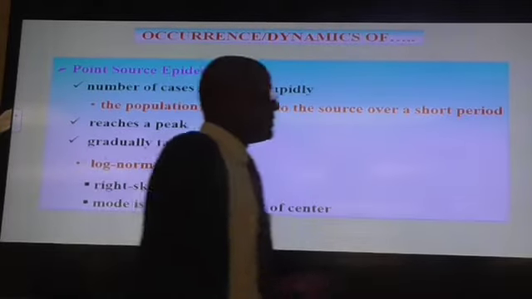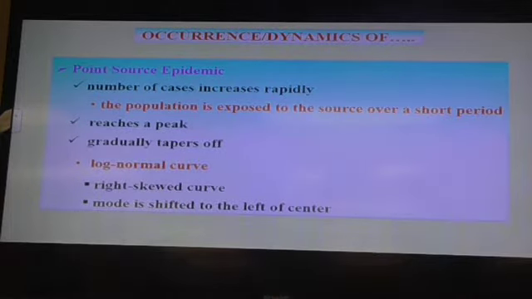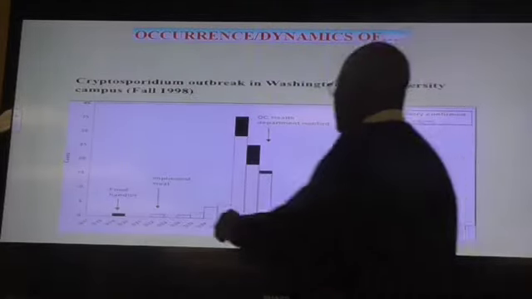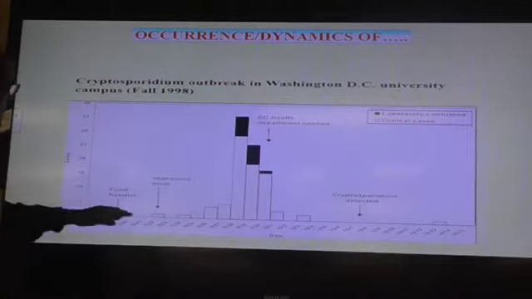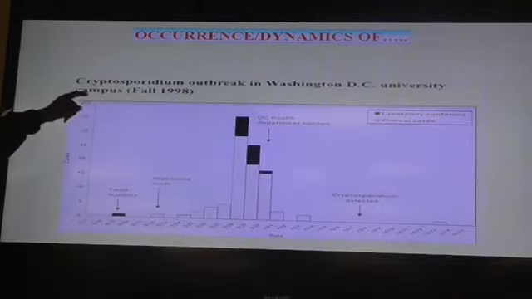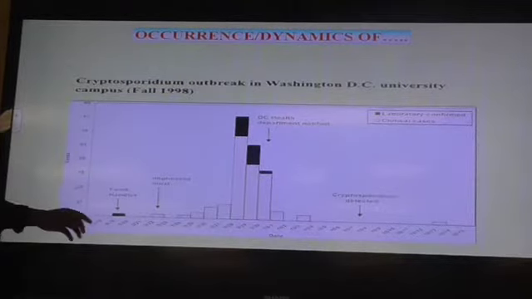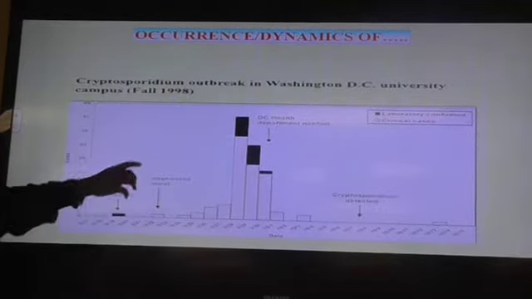So that characteristic is what they call a log normal curve. That means it comes very sharply because a lot of, in this case, for example, a cryptosporidium outbreak in Washington, D.C. University.